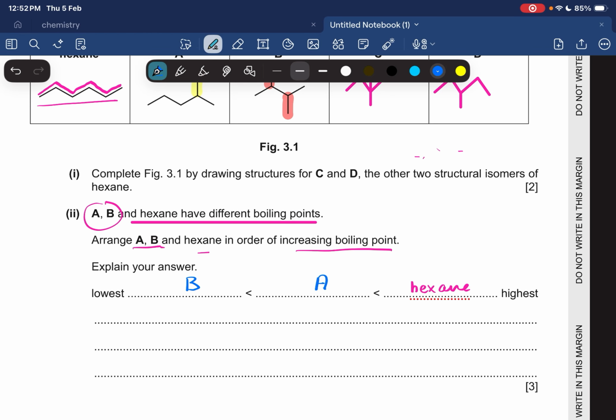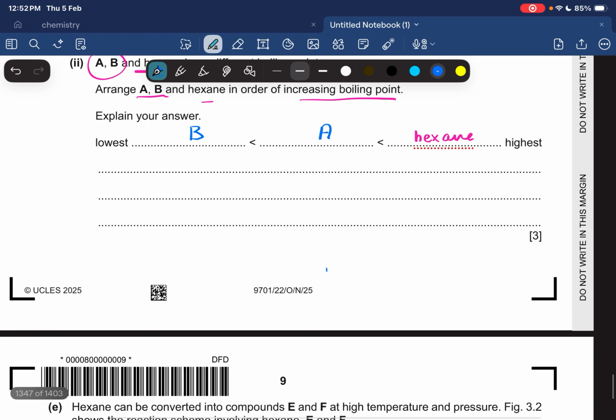And you have to also include a very important point. Whenever you're dealing with melting and boiling points, you have to write these words: more energy required to overcome. That's very important.